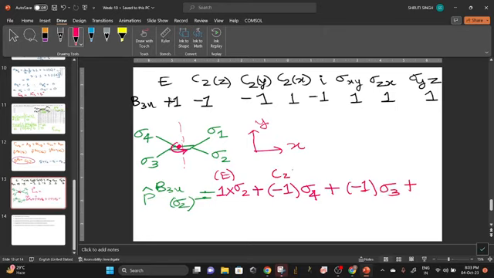Next is C2X, character is 1, so these two will get changed. Sigma 2 will become sigma 1.